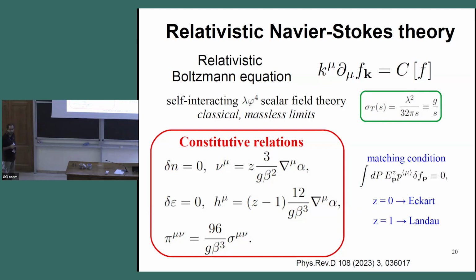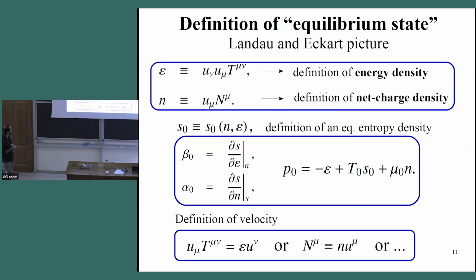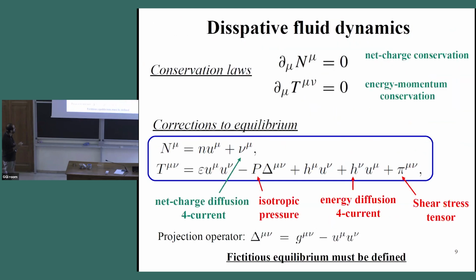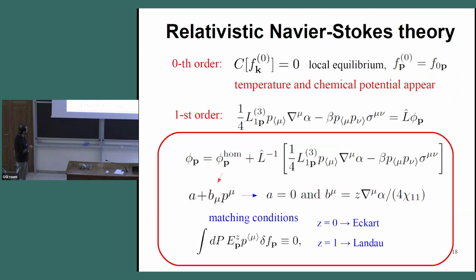What was z? Okay, so this new mu is supposed to be this correction. The condition is supposed to be this one, right here.